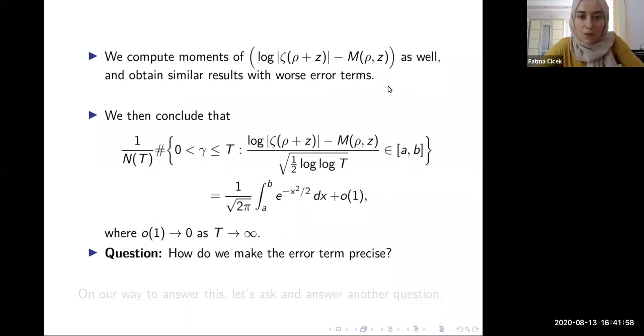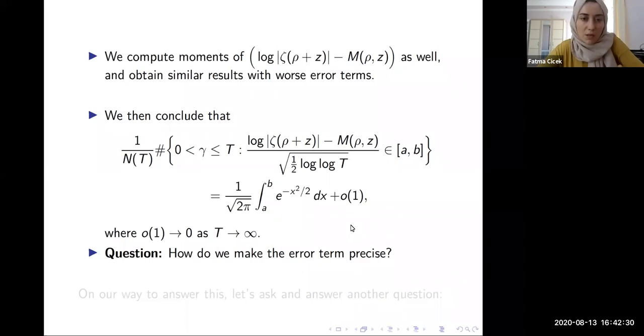And then since the moments match, the main terms will match the moments of a standard Gaussian distribution, we will have a central limit theorem that looks like this. This is a weaker statement than I had in the beginning of my talk, because the error term is not as precise. So from the moment calculations, you just get that the error term goes to 0 as t tends to infinity.